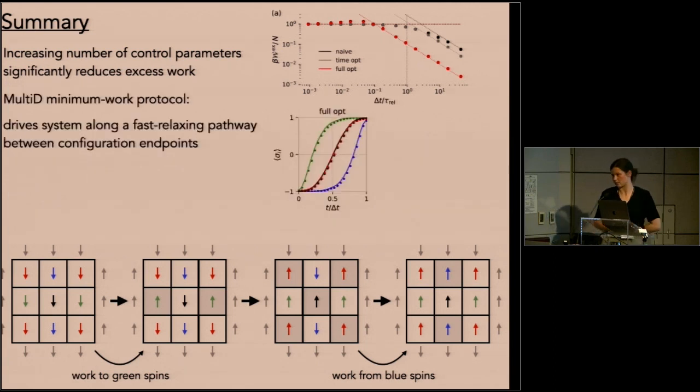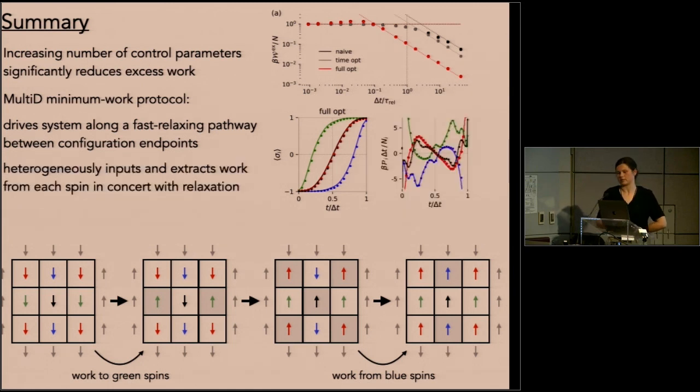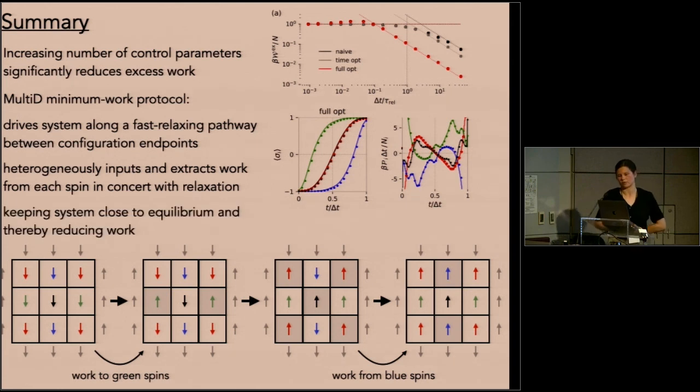They also drive the system along a different pathway that is very fast relaxing, so the system stays close to equilibrium even for short protocol durations. And it pushes on these different spins differently depending on whether they need work to overcome some energy barriers. And all of this together just keeps the system close to equilibrium and reduces the excess work.